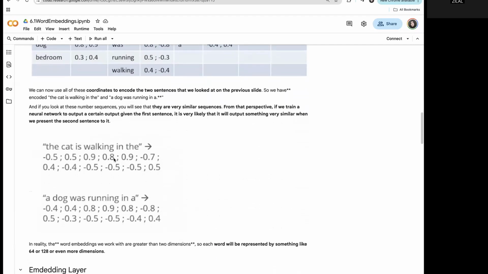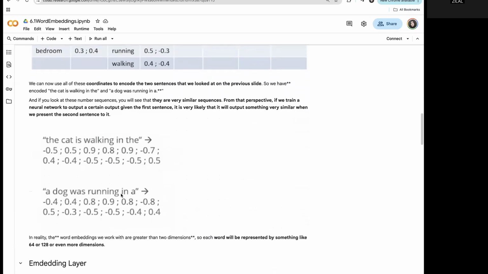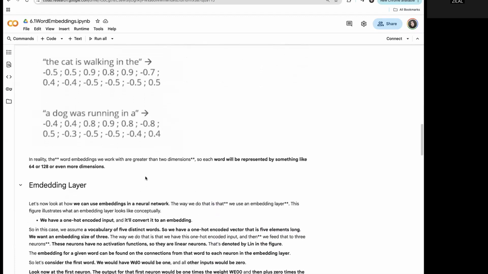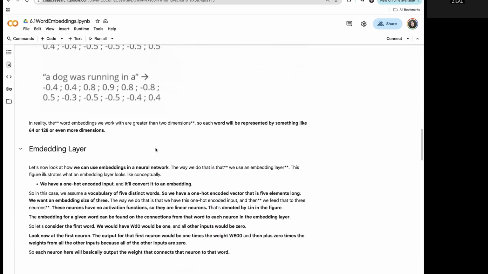From that perspective, if we train a neural network to output a certain output given the first sentence, it's very likely that it will output something very similar when we present the second sentence to it. Of course, in reality, word embeddings are much larger than 2 dimensions. Sometimes they are 64 or 128 or even more dimensions.